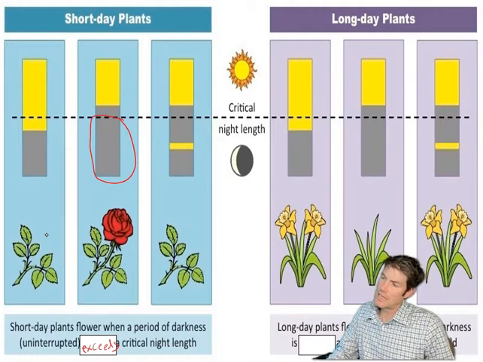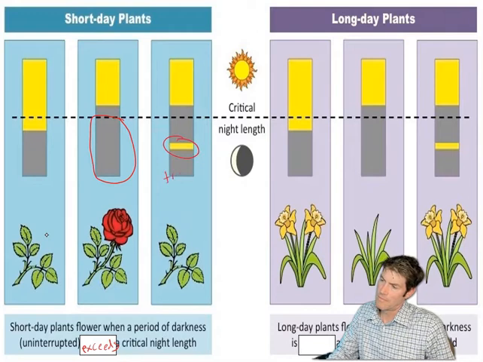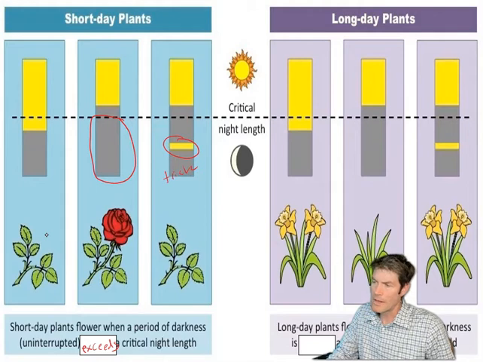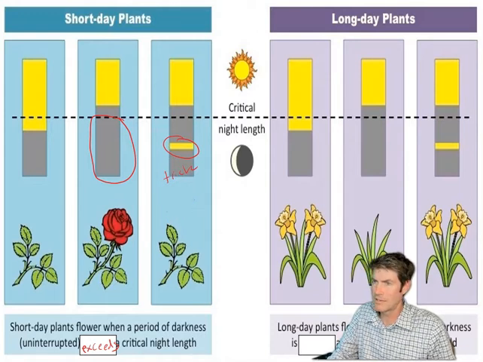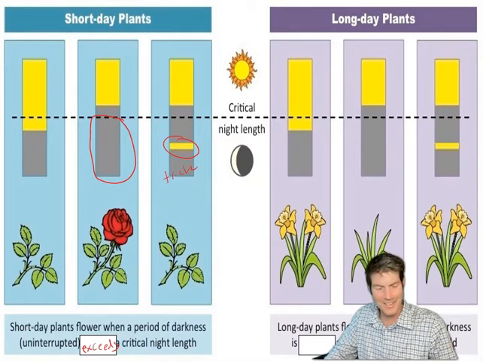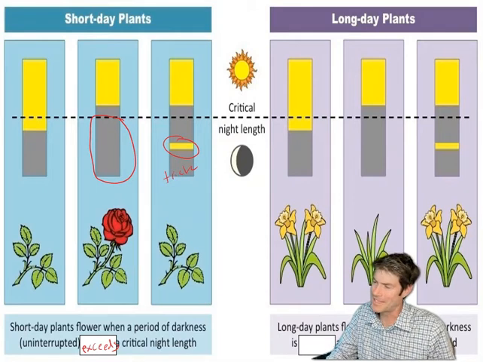But you can see, if you kind of trick the plant by giving it a burst of light in the middle of the night, it won't flower, right? No flowers. So you're kind of tricking the plant. So scientists have done this, poor plants, tricking them, messing with their plant sleep.